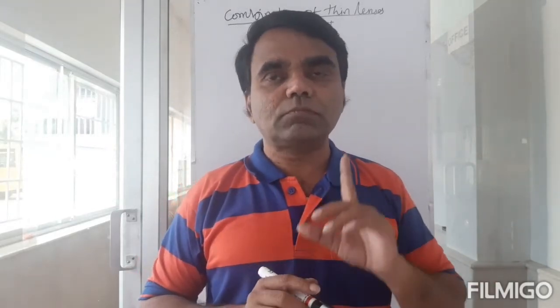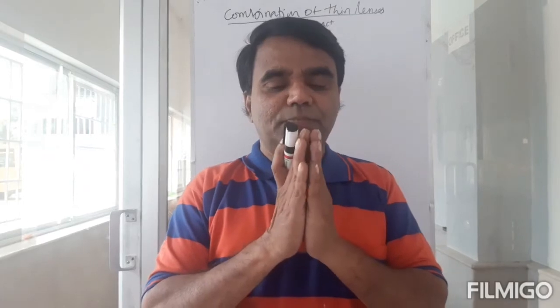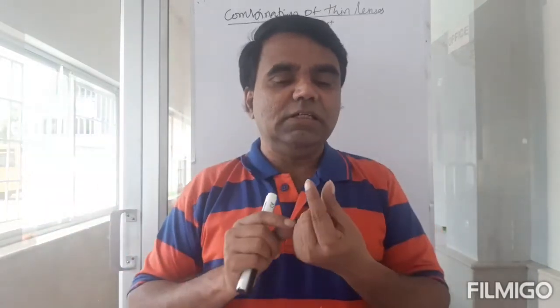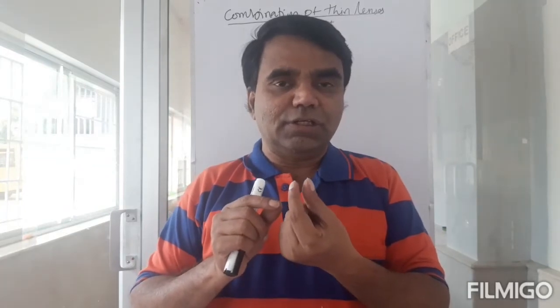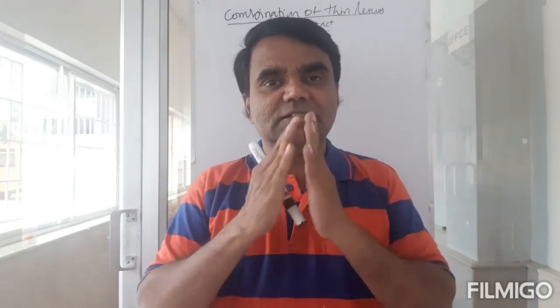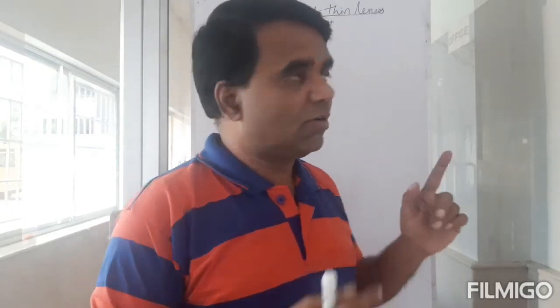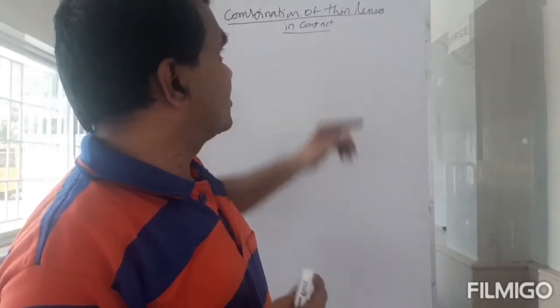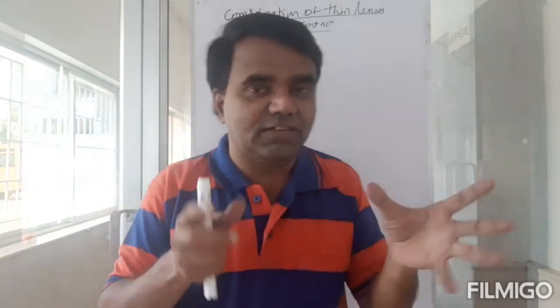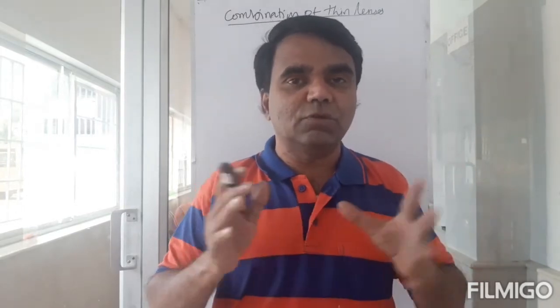We'll take two thin lenses. Why do we take thin lenses? That is because if you keep two thin lenses together, considering the distances involved, you can ignore their thickness. That's why it is called a combination of thin lenses in contact. If they are very thick, then obviously your calculations could go a little wrong.